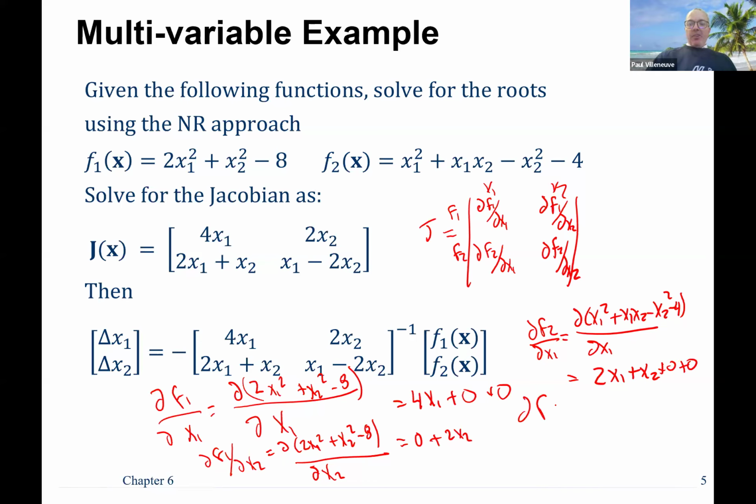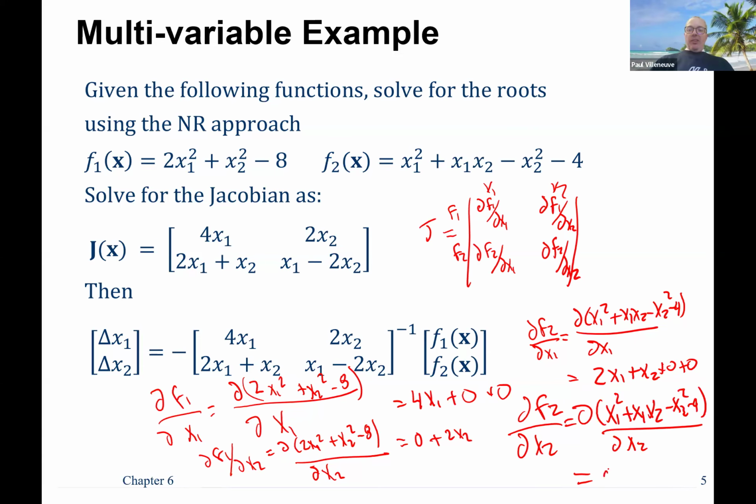And the last partial I have to take is with respect to x2. And that becomes x1 squared plus x1 x2 minus x2 squared minus 4 with respect to x2.